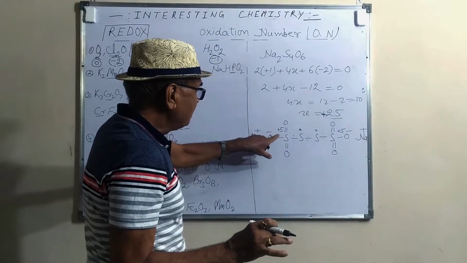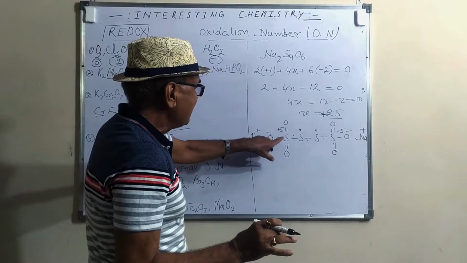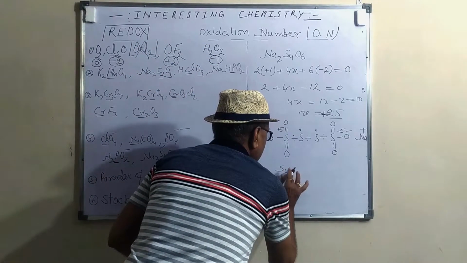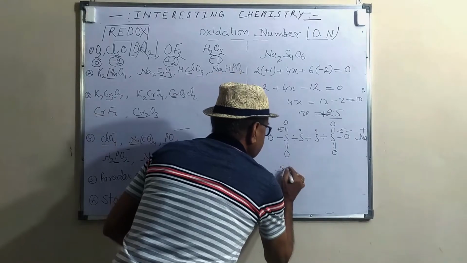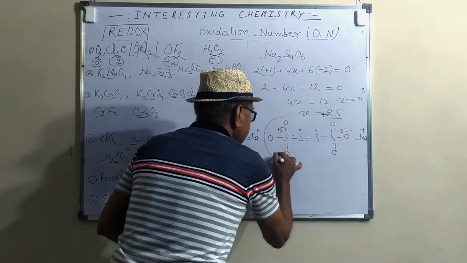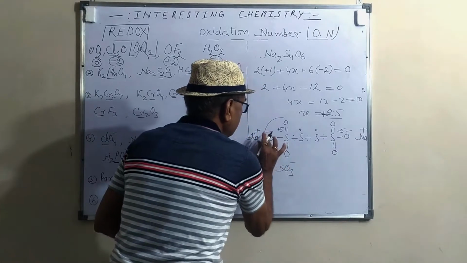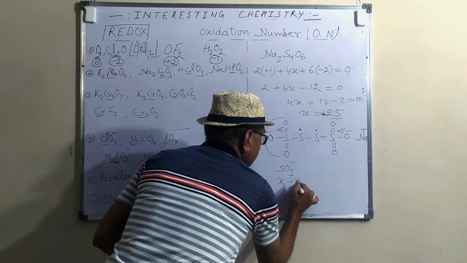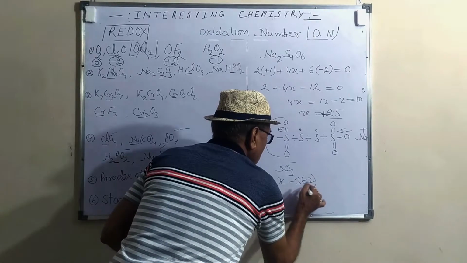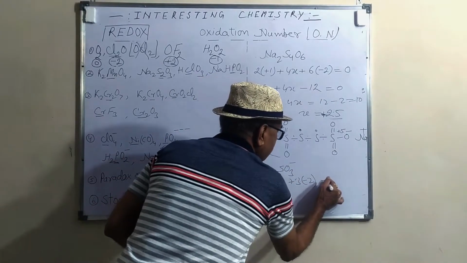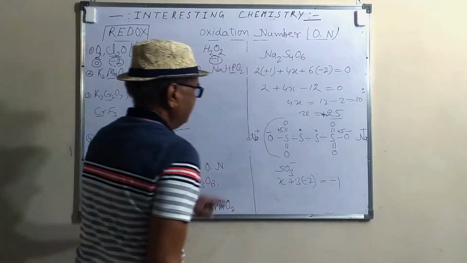Now this portion is SO3, with a 1 negative charge. So calculate: x plus 3 times minus 2 is equal to -1.